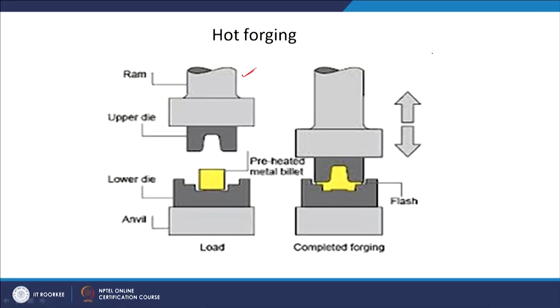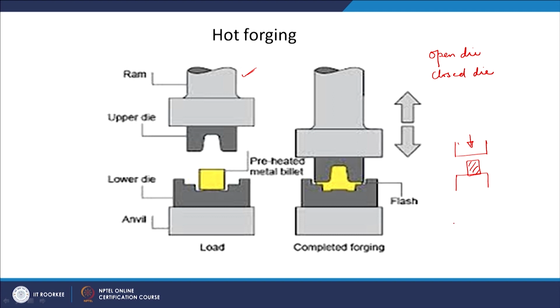And the process can be of two types, either an open die forging or a closed die forging. As you can see here, it is a closed die forging. The material is confined in a particular die and it is forged. In an open die forging, it is very simple, you have a fixed ram, some material is kept here, and the top ram is hammering it.